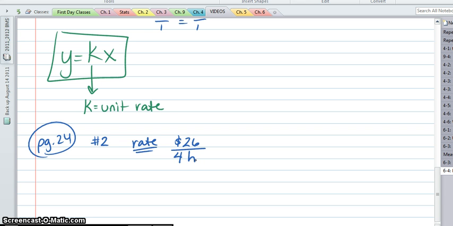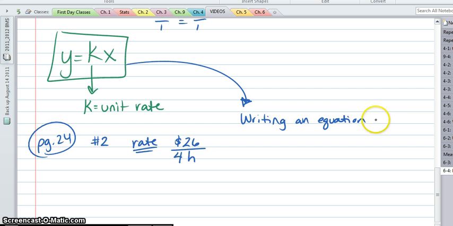Write and solve an equation, so we're told to do this, to determine how much Gloria would earn after babysitting 25 hours. Now, I will say there are many, many different ways to solve this, but what we are going to practice is writing an equation of the form y equals kx.